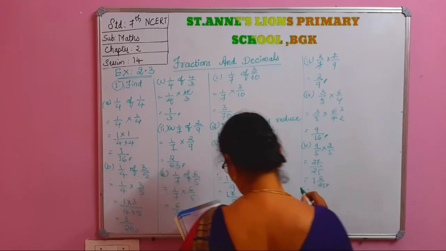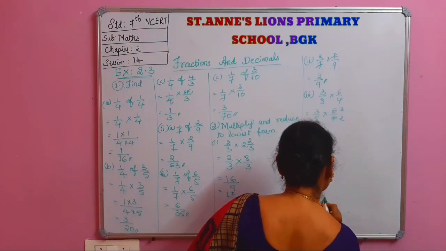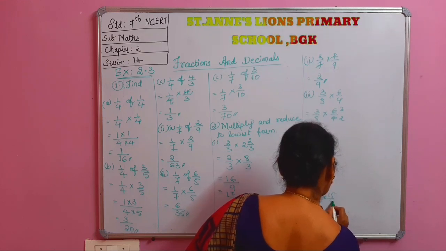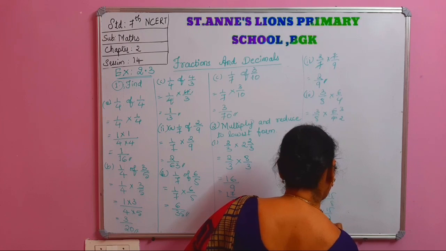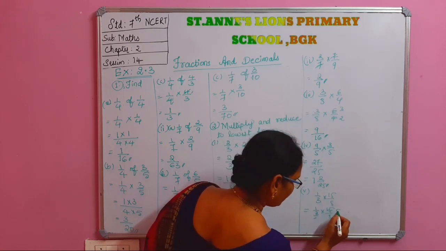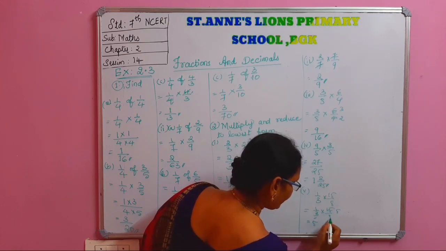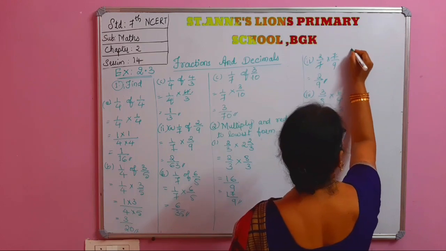Then the next one is the fifth one, that is 1 by 3 into 15 by 8, not 18. Here see, 3 1s are 3, 5s are 5, 1 5s are 5, 8 1s are 8. 5 by 8 is the answer.